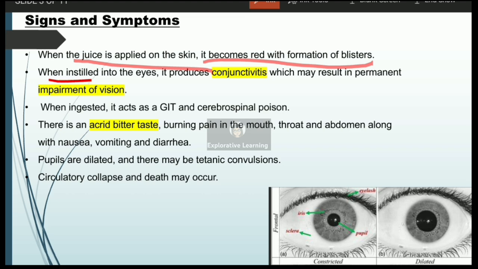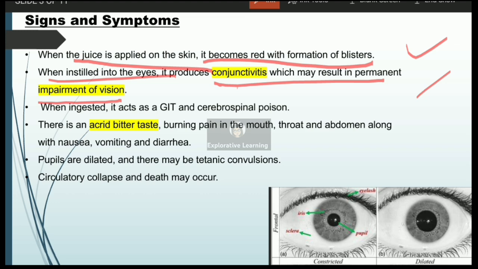While if it gets into the eyes willingly or unwillingly, then it will cause conjunctivitis, redness and teary eyes. It may be extremely dangerous for our eyes. It can cause permanent loss of vision. So these are the harms which are caused by the juice of the Calotropis plant.